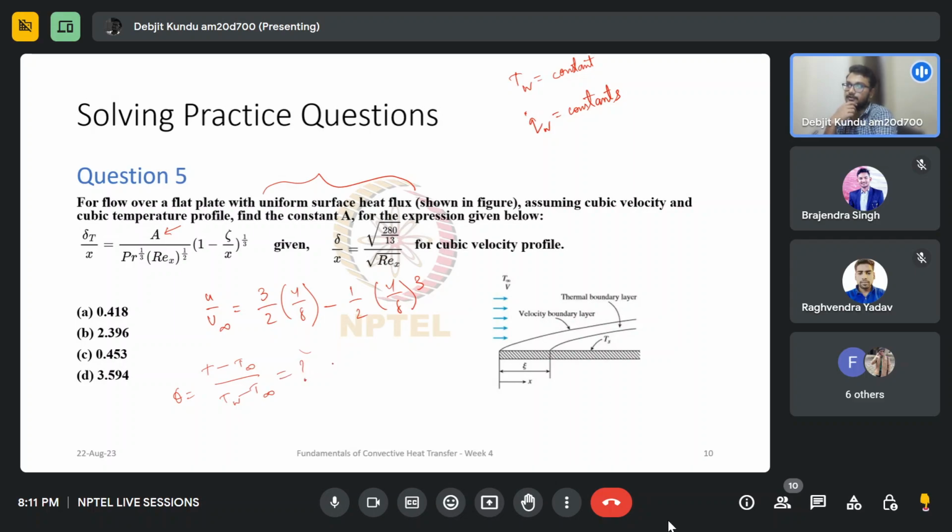This you have to find out for uniform heat flux. Previously, what we did was for the isothermal condition. You have to do a similar thing for this uniform heat flux condition.